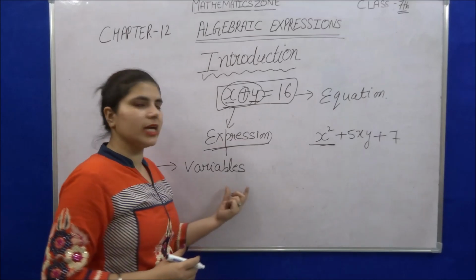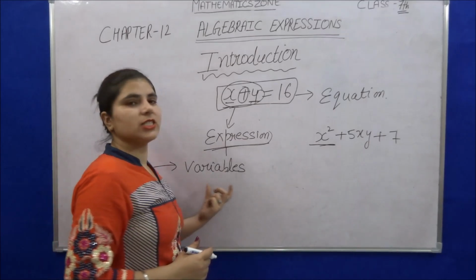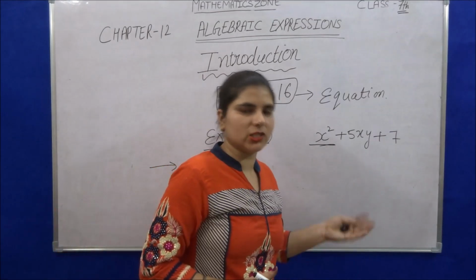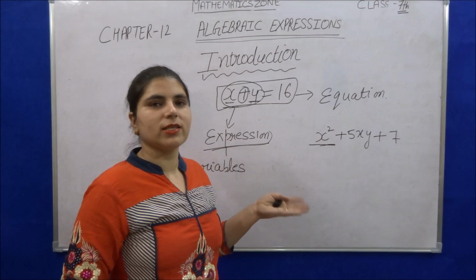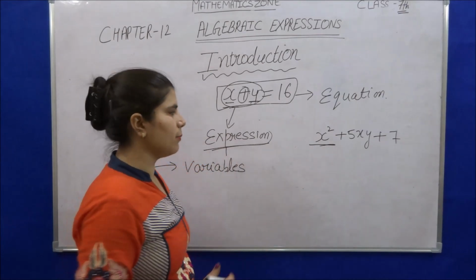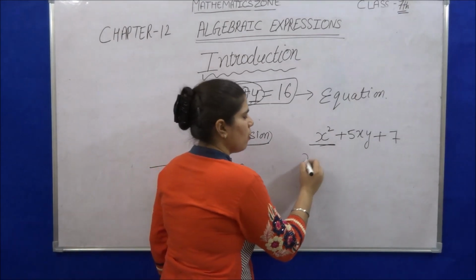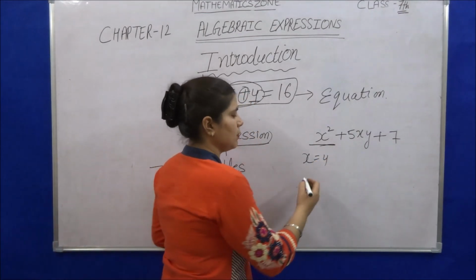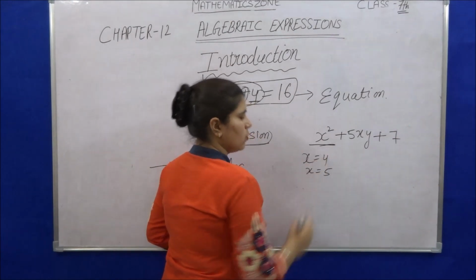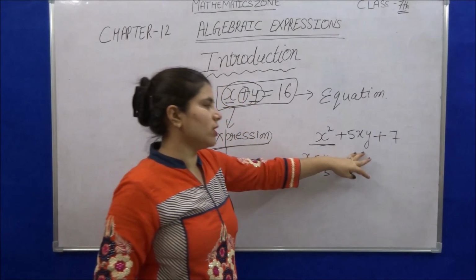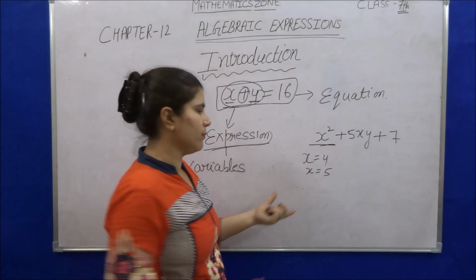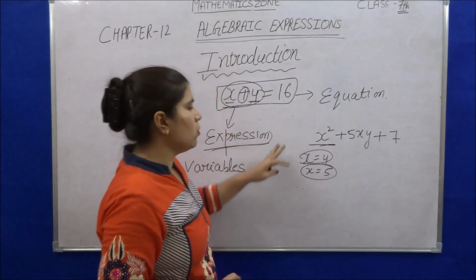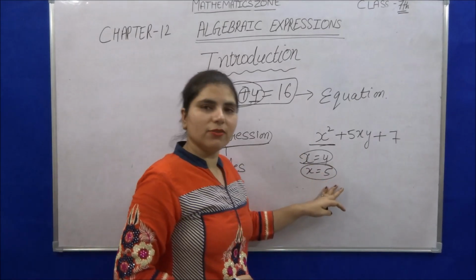Vary means changeable. For example, in some equation the value of x may be 4 and in some other expression it may be 5. Depending upon the equation, the value of x keeps changing. So these are termed variables.